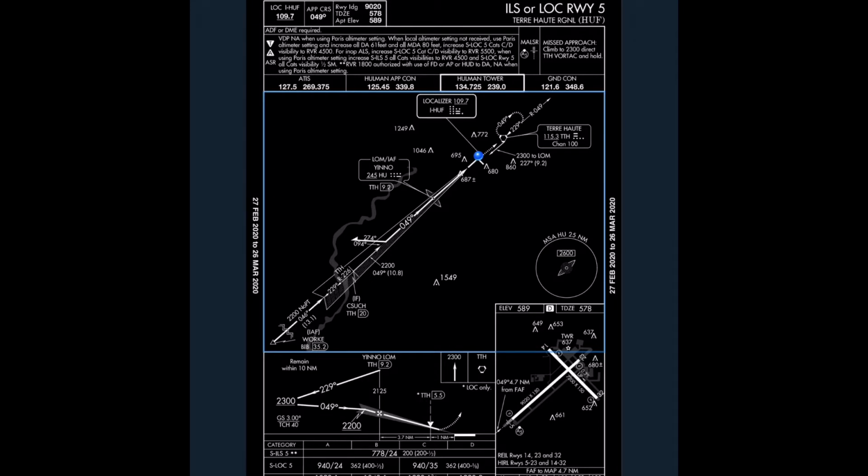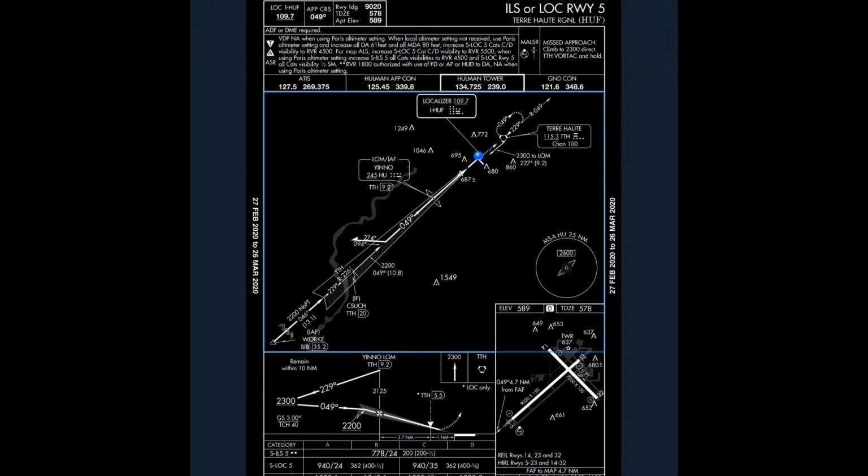So making sure if we're not using an on-airport altimeter setting, we'll have to use a different one, and that could adjust the actual altimeter setting based off of where we're at and whatever pressure region we're in. So if we don't have the Terre Haute altimeter setting, and we have to use Paris, we can't use the VDP for this approach. And when the local altimeter setting is not received, we're going to have to use the Paris altimeter setting, and this also would have us increase all decision altitudes by 61 feet, and all minimum descent altitudes by 80 feet.